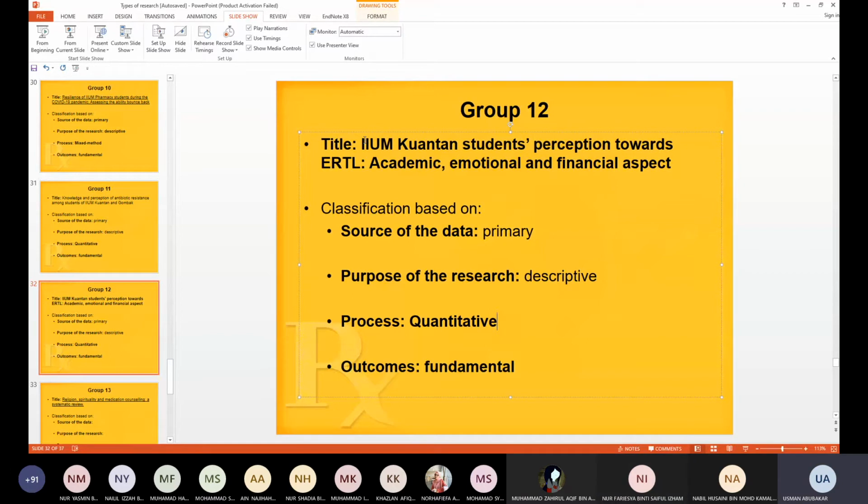Group 13. Doctor, wait. The title is not accurate. A little bit. It's supposed to be: Study on IIUM student perception on emergency remote teaching and learning, ERTL, academic performance, emotional and financial aspect.